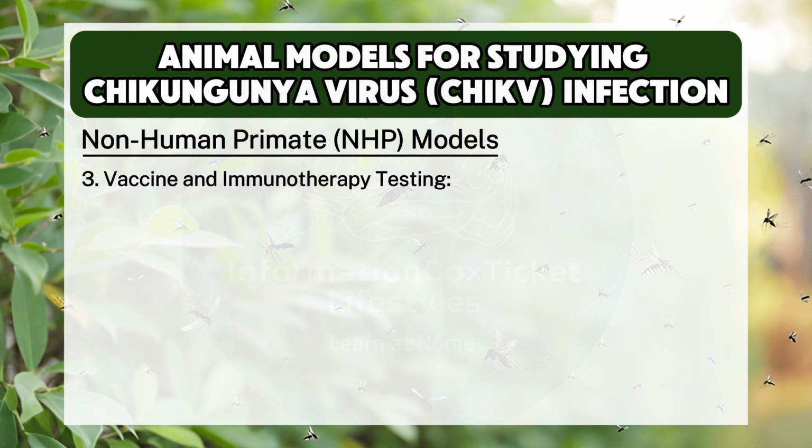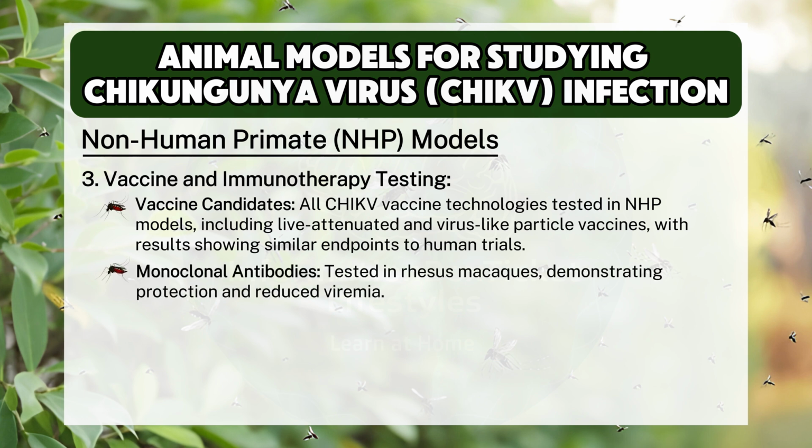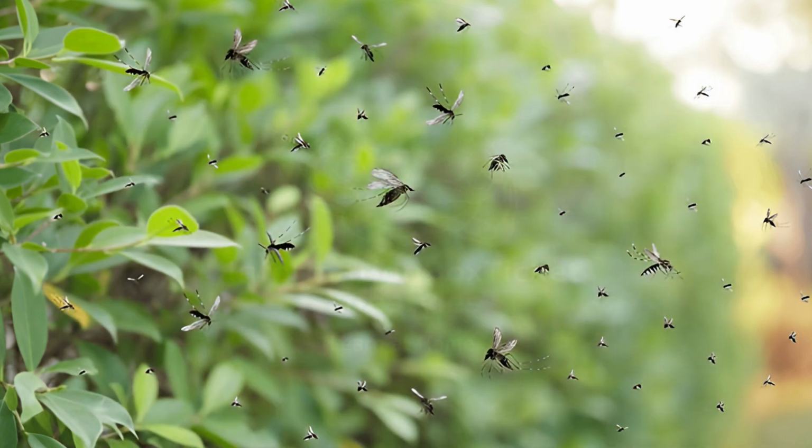Vaccine and immunotherapy testing. Vaccine candidates: all Chikungunya virus vaccine technologies were tested in NHP models, including live attenuated and virus-like particle vaccines, with results showing similar endpoints to human trials. Monoclonal antibodies tested in rhesus macaques demonstrated protection and reduced viremia.